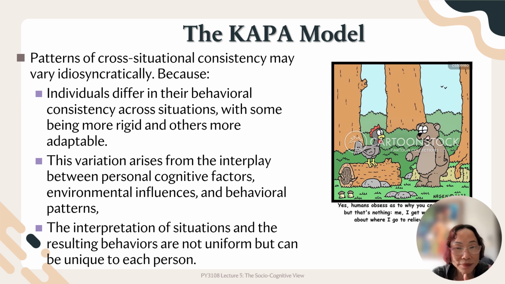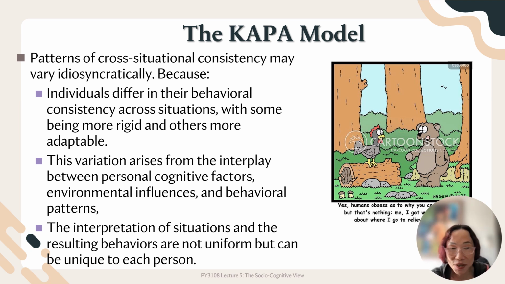Another notion in the Kappa model is that patterns of cross-situational consistency can vary in different situations and also vary idiosyncratically. Because individuals are different, they behave differently across situations, with some being more rigid, for example Sheldon, and others being more adaptable, more flexible.